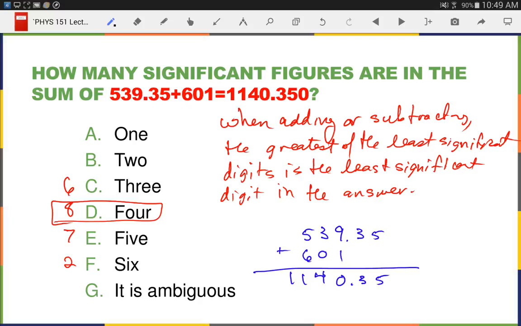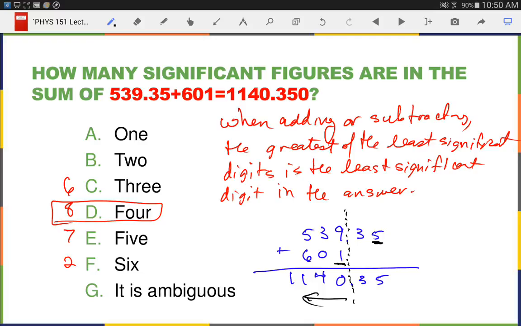Least significant digit is the smallest value that was significant. So in this one, that was the least significant. In this one, that was the least significant. And then I simply ask myself, which one was in a larger position? The units is definitely larger than the 100ths. And so I just draw this little dashed line to the right of the greatest of my least significant digits, and every digit that's on this side of that is significant.